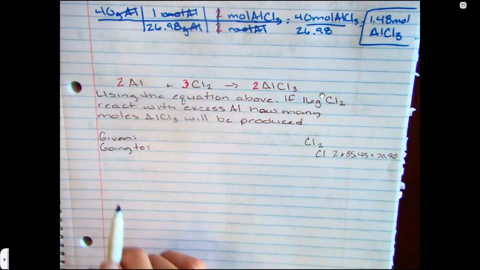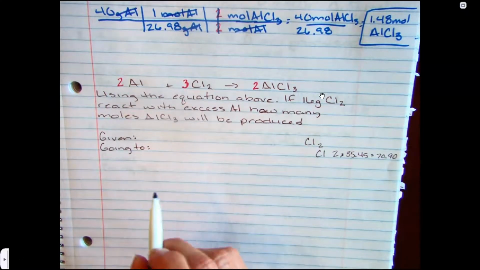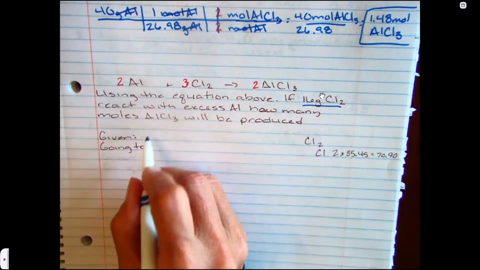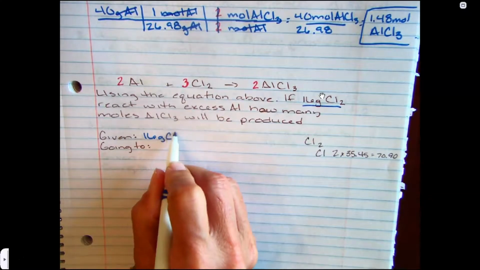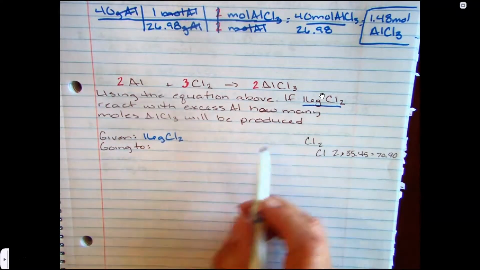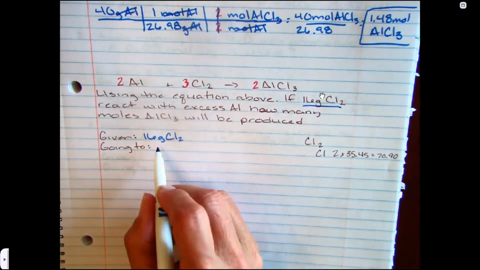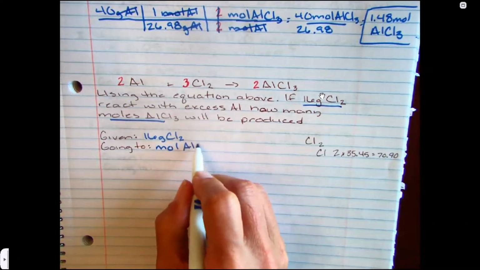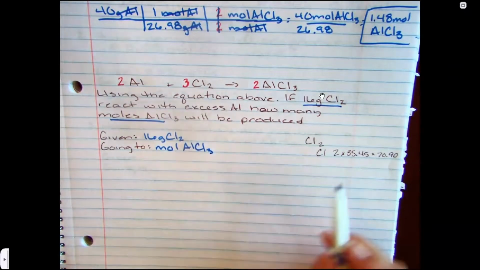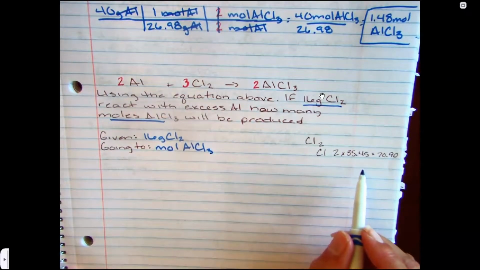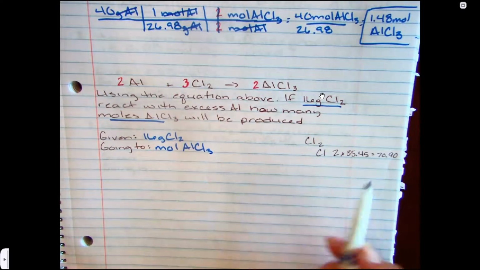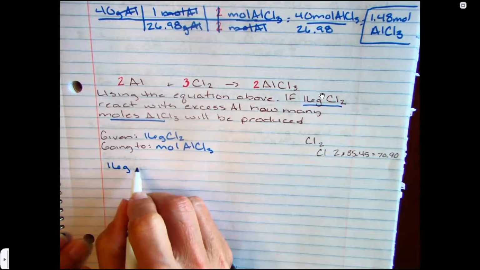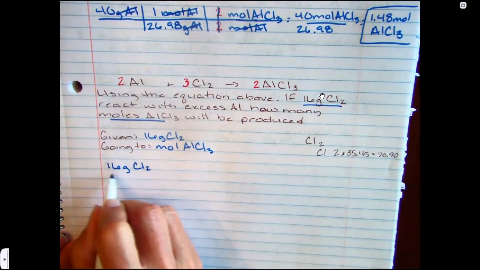Let's do this one last problem before you have some practice. So in this problem, our given is 16 grams Cl2, and we're trying to get to moles of AlCl3. I've done the molar mass for you for chlorine. Remember, it's a diatomic molecule, so it's 2 times its molar mass off the periodic table. 16 grams Cl2.